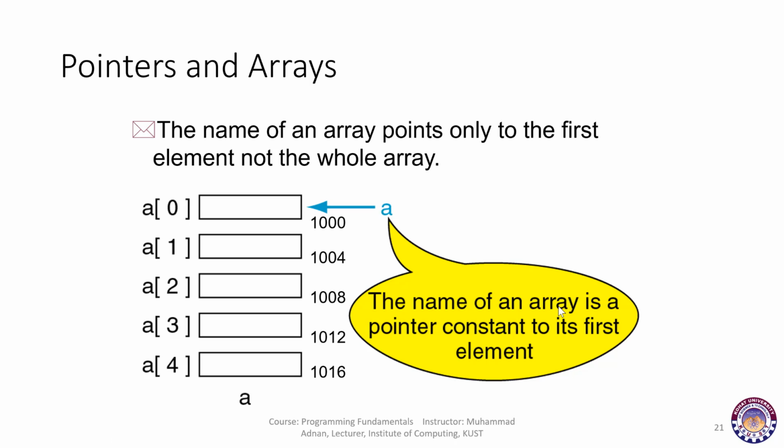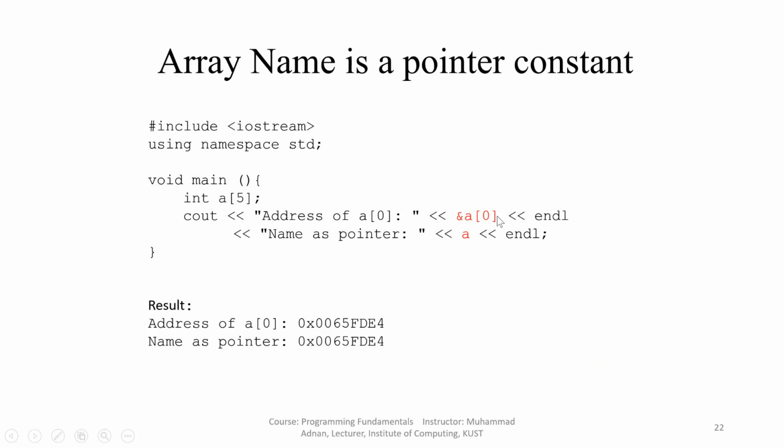It means that A is holding an address, and that address is of the first element in the array, which is A[0]. So A[0] has an address of 1000. A has an address which is pointing to this memory slot. Then we have addresses 1004, 1008, 1012, 1016. This is the array, and these are the indices with which we can access the elements of the array.